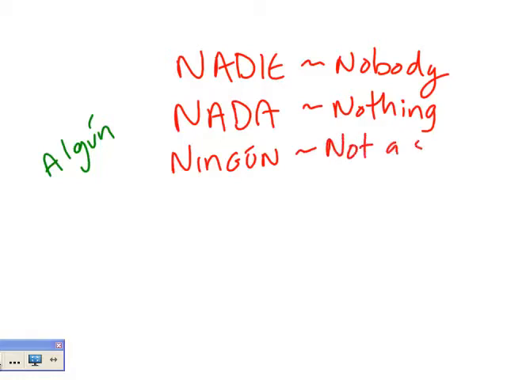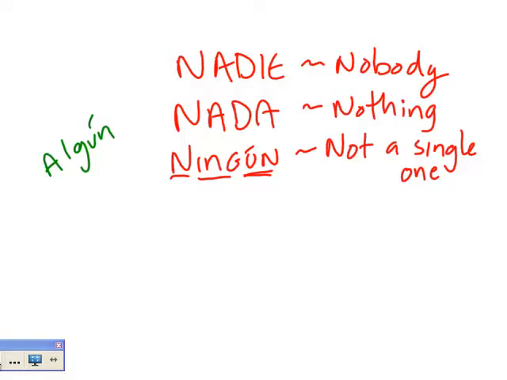In fact, not a single one, because we have that un at the end. Not a single one. No hay ningún libro. No hay ninguna estudiante. No hay ningún estudiante, whether you're talking about a male or female group. No hay ninguna silla aquí.